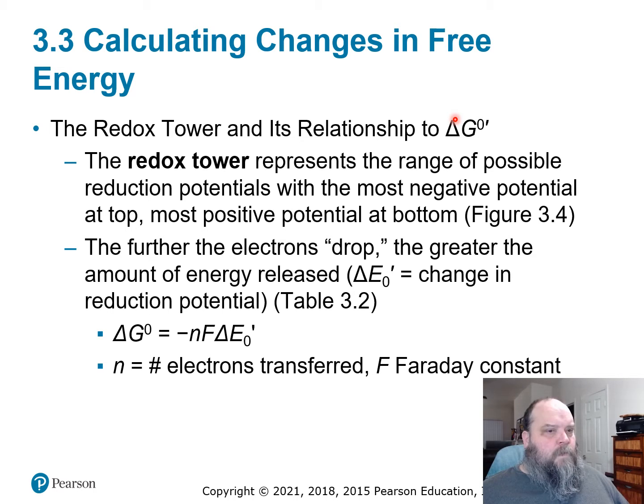It's been a while. They've now come up with a different way, since we're now going to be looking at delta G naught prime. Remember, that's at 1 atmosphere, 25 C, everything at 1 molar.